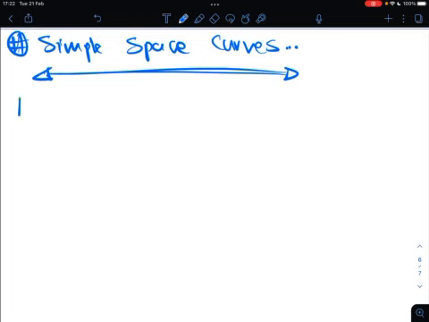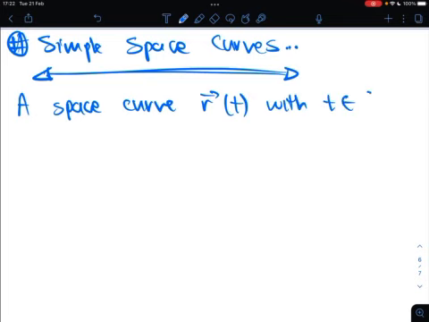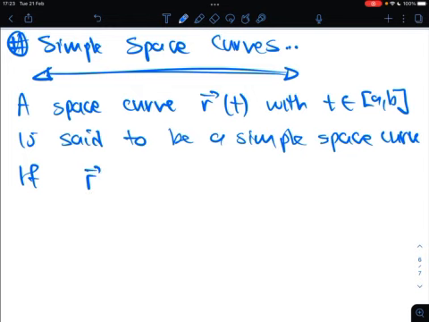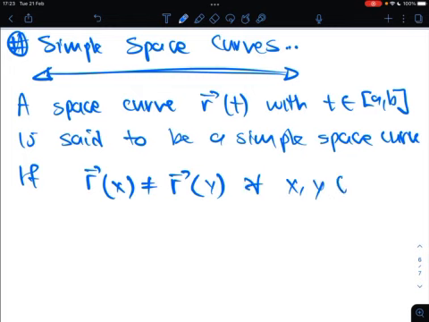A space curve R prime of t, with t an element of some interval [a, b], is said to be a simple space curve if R prime of x is not equal to R prime of y for all x and y elements of [a, b].